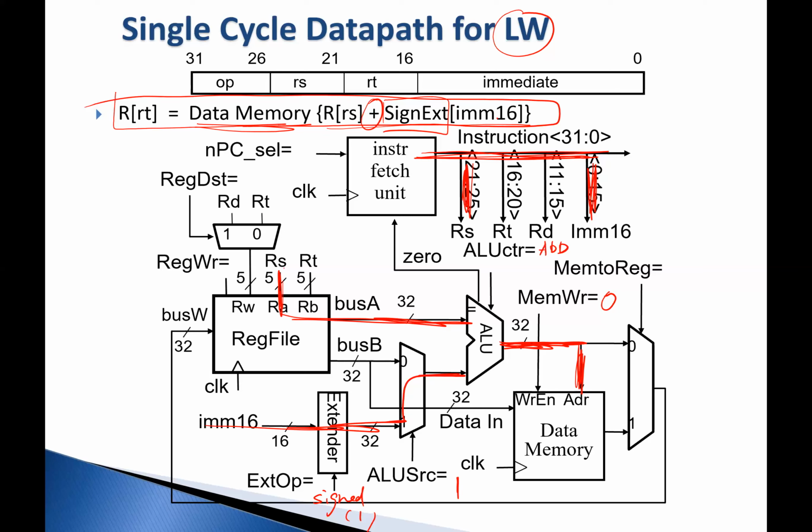Okay, so now the memory will give you data because this is reading, right? Load the data based on the address, and then that's what you want to bring back to the register. So the memory to register is 1. Okay. Am I writing from memory to register? Yes. So that's why you have 1.